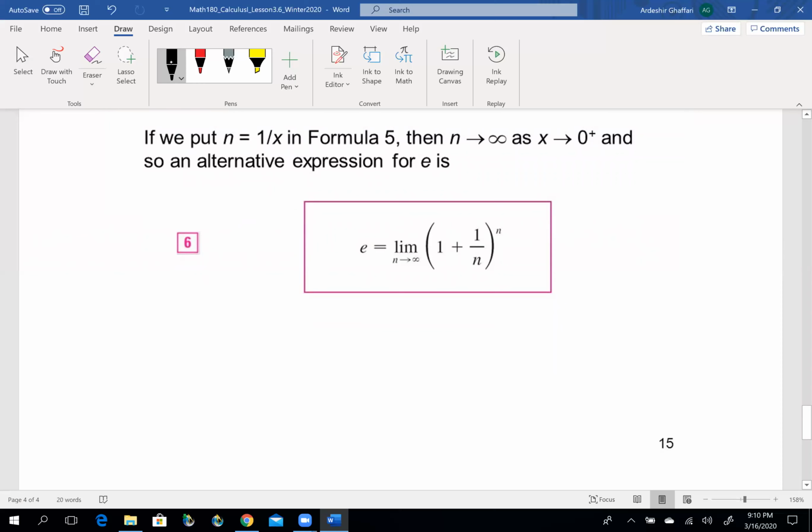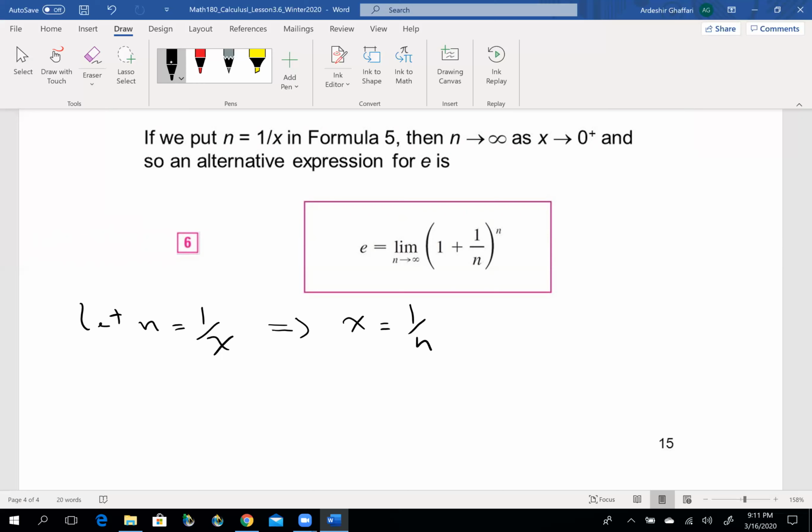So let n equal 1 over x. If I solve for x, then x is equal to 1 over n.